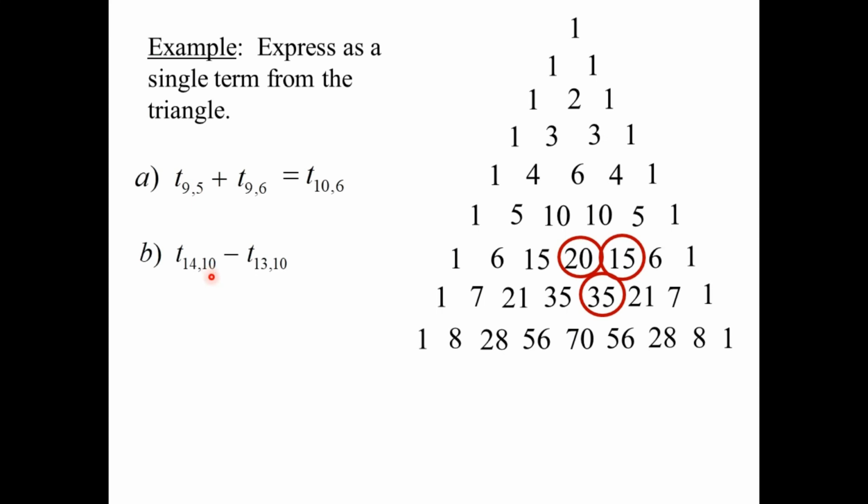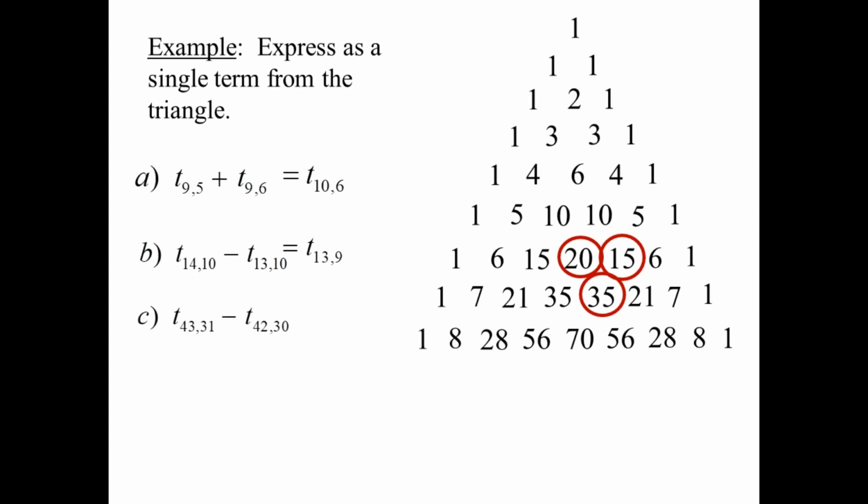And we notice we're subtracting something that has the same term number. So we are subtracting this way, because this is the 1, 2, 3, 4th term, and this is the 1, 2, 3, 4th term. We're subtracting the two that match, so we'll get the one on the left. So this will be T sub 13, 9.